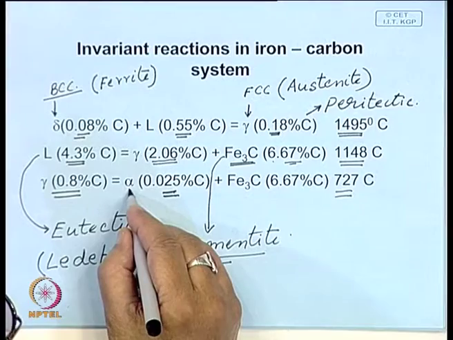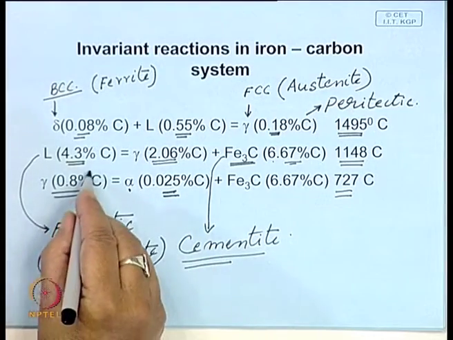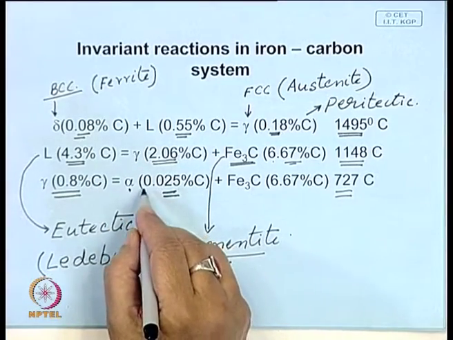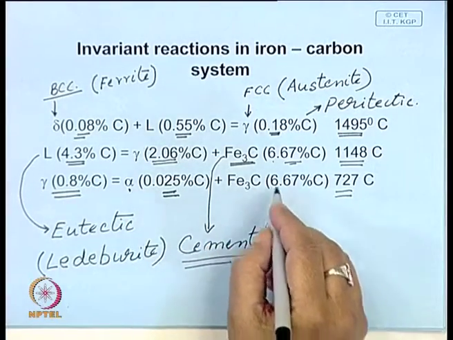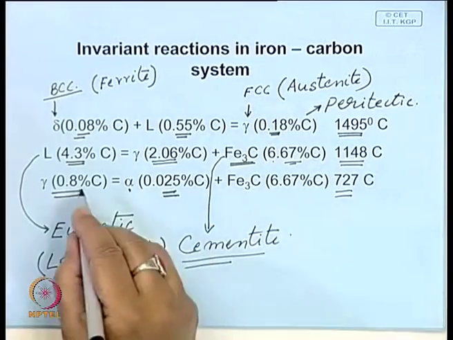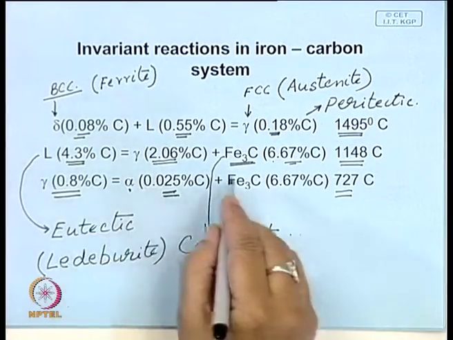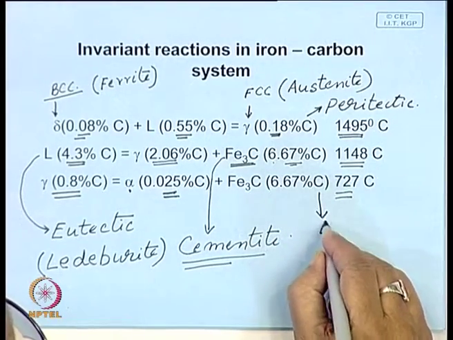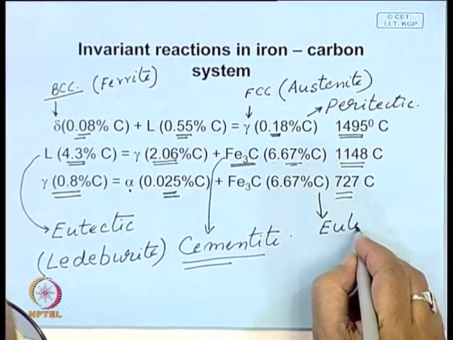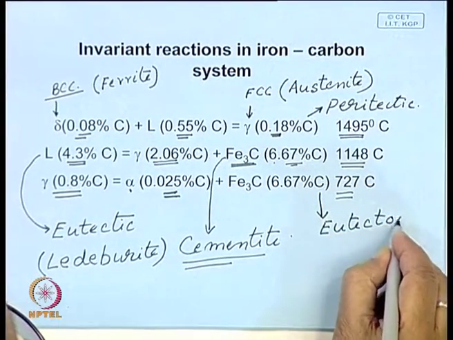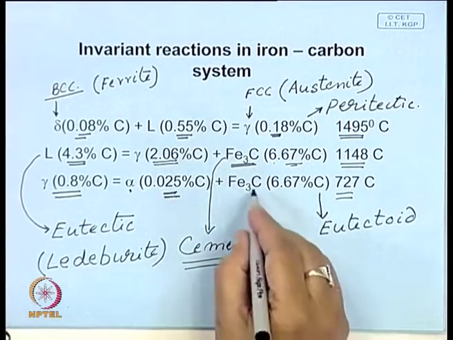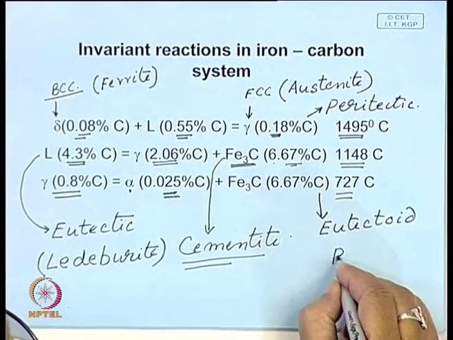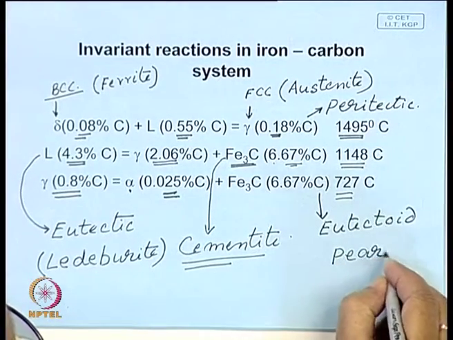This has a body centered cubic structure, and here this austenite of 0.8% carbon breaks down into a mixture of ferrite and cementite, a solid breaking down into a mixture of 2 solids. This reaction is called eutectoid reaction, and the product that we get, this type of structure, is known as pearlite.